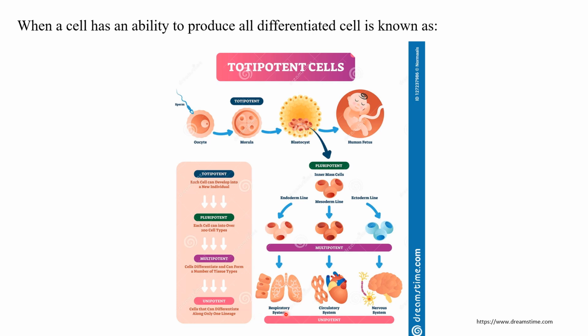So the potent cells in these organs are unipotent, that is, they can differentiate along only one lineage. So, going back to our question, when a cell has an ability to produce all differentiated cells, it is known as totipotent, where each cell can develop into a new individual to form all different differentiated cells. So the correct answer is totipotent. The cell is known to be totipotent if it can differentiate into all cells.